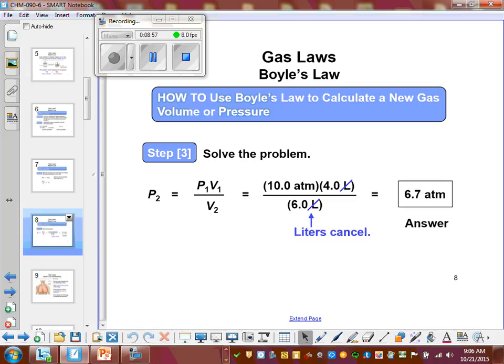The answer is 6.7. Now, the only thing you have to be careful for, again, is units. Remember I said units are important. Make sure your volumes are the same units. They could be liters, they could be milliliters, whatever. Just make sure they're the same units. If they're not, you've got to convert one to the other to get them the same. Same thing about pressure.